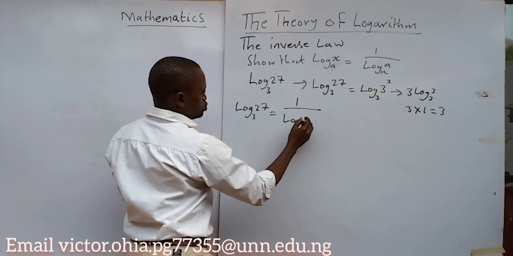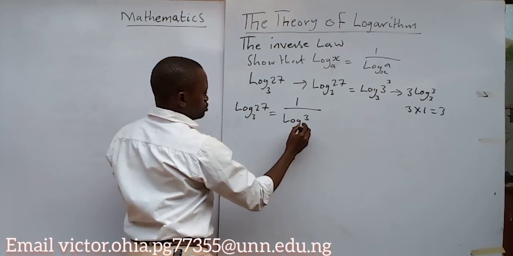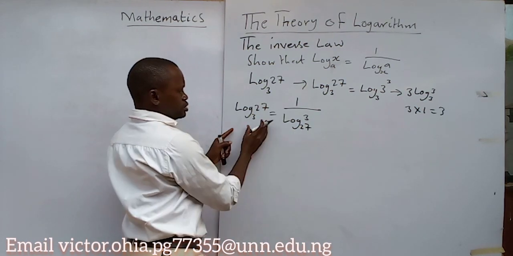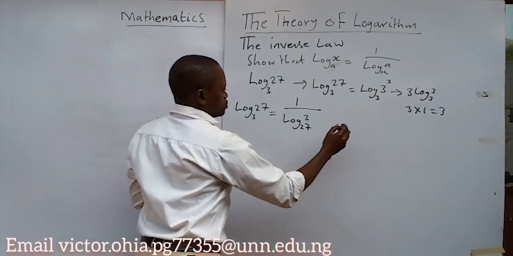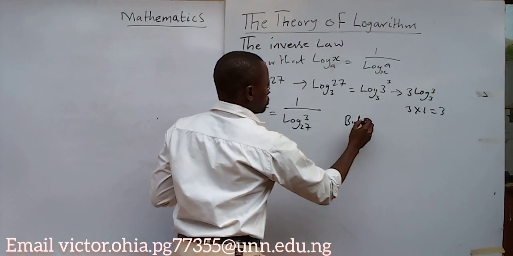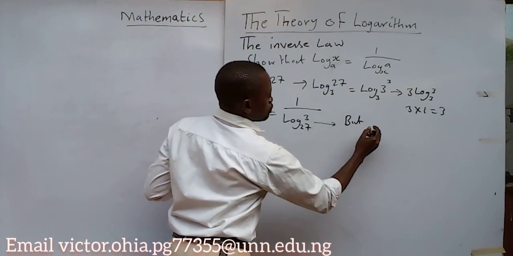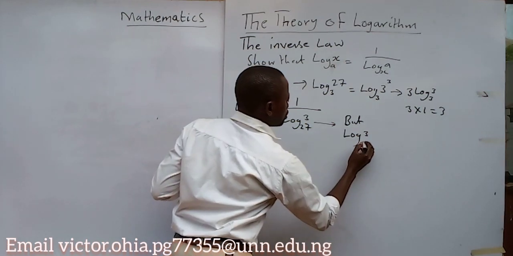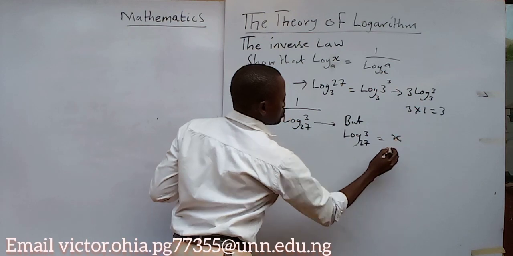The base will become the number, then I have 3, and the number becomes the base, 27. Is this equal to this? Let's find out. Let's come from here. But log 3 in base 27, let it be equal to x.